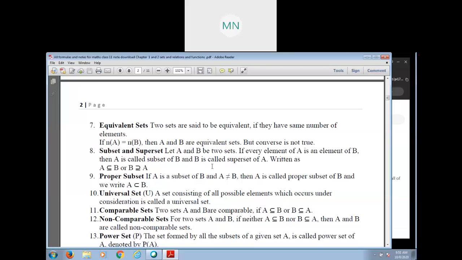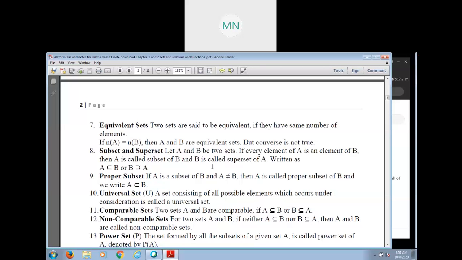And next is proper subset. Proper subset means what? A is a subset of B, but A does not equal B. In that sense we say that A is a proper subset of B. And remember this: every set is a subset of itself. Suppose A is a set, then A is also a subset of A. Every set is a subset of itself, and phi is also a subset of every set.